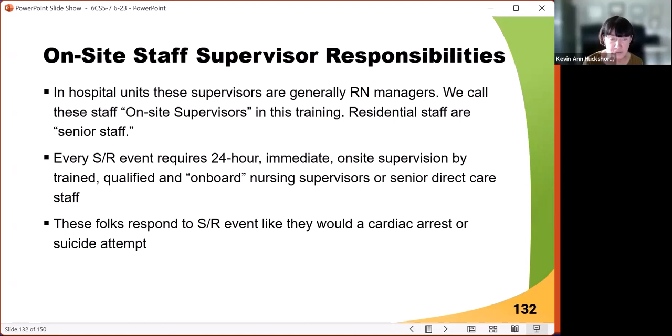So every seclusion restraint event requires an immediate visit by a qualified nursing supervisor or a senior direct care staff who's been there for a while, and they respond to this event like they would a cardiac arrest or a suicide attempt. Next slide.